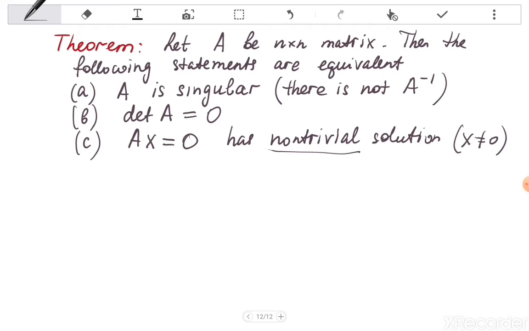Okay? And part D says that the columns of A form a linearly dependent set.